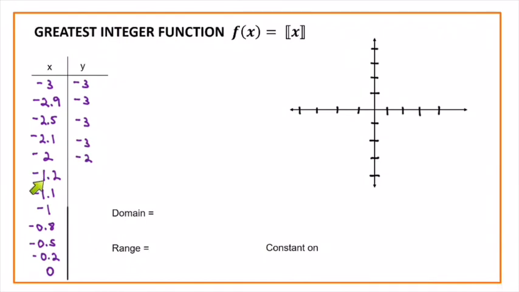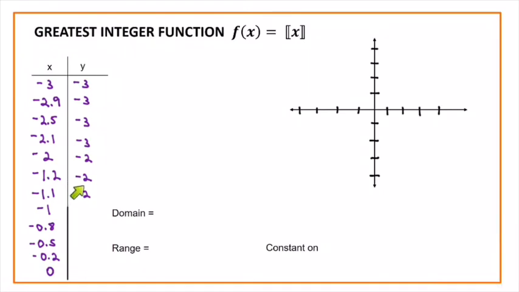Now as long as we're at -1 point anything, the y value is going to remain -2. What's the largest integer that is less than or equal to -1.2? Well, it's still -2. What's the largest integer that is less than or equal to -1.1? Well, it's -2.